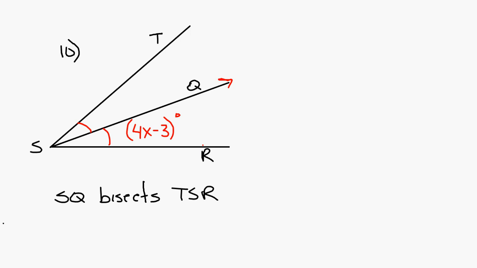Write an expression for angle RST. Remember what an expression is? It's a math problem with no equal sign in it. So if this is all you know in this picture, how can you write an expression to represent this angle measure? Yes, sir.